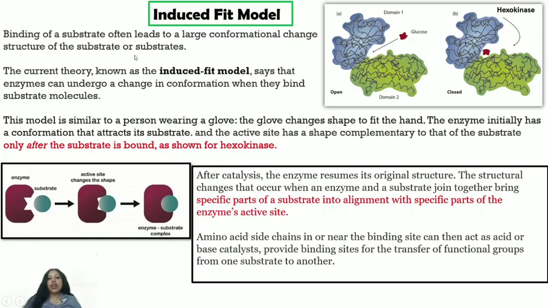The only difference is that the lock and key model assumes the enzyme has a rigid conformation, while the induced fit model, which is the more acceptable model, shows that it is not rigid, rather it is flexible and made complementary to the substrate when the substrate comes into contact with the enzyme. There are a few amino acid residues on the active site which actually take part in the chemical reaction they catalyze. And this conformation change in the induced fit model takes place only when the substrate molecule joins with the enzyme. Correct?